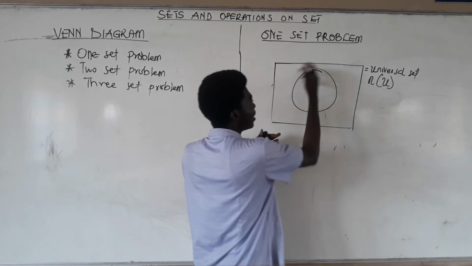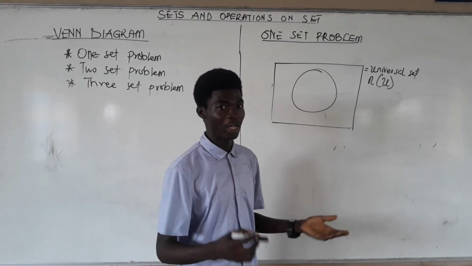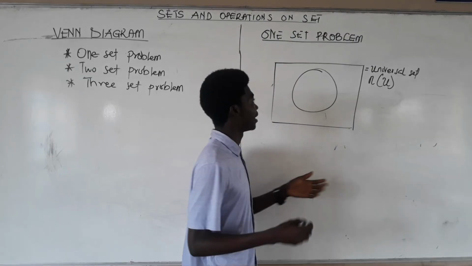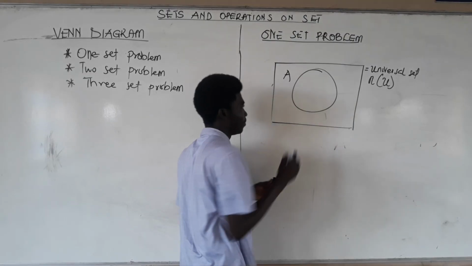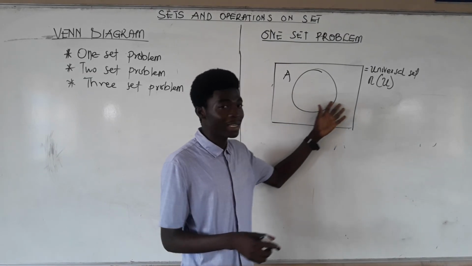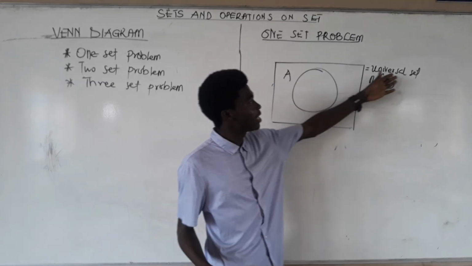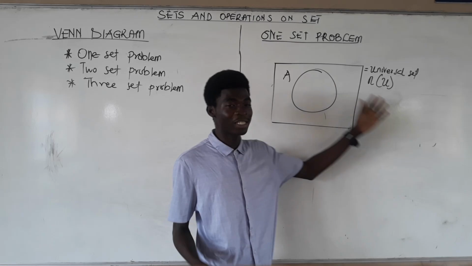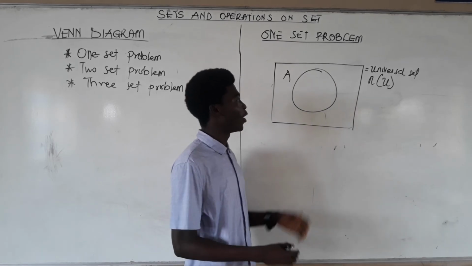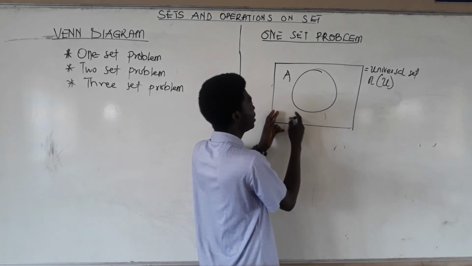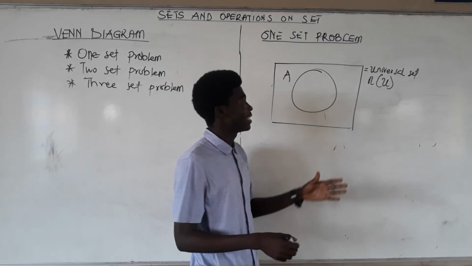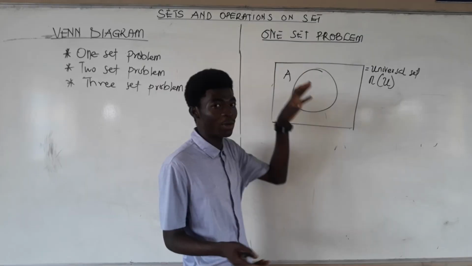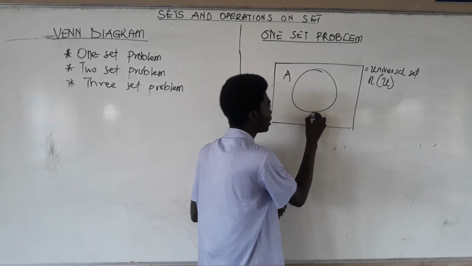Now the circle here is the one set we are talking about. Let me denote it by A. So this circle represents the set A. The universal set contains the set. This area here represents the elements that are in the universal set but not in the set we are talking about, in this case set A. So this becomes A complement.